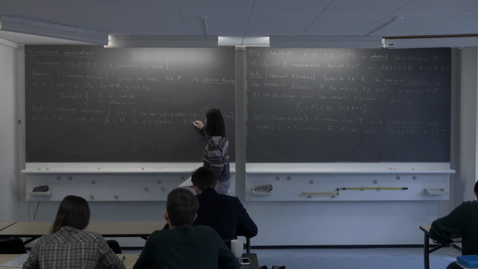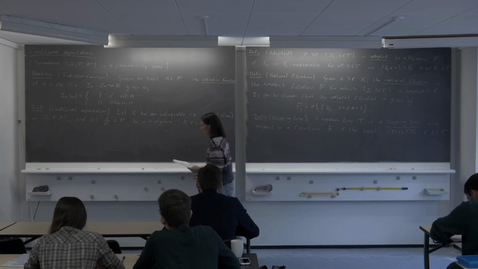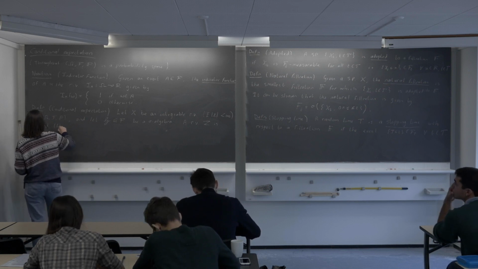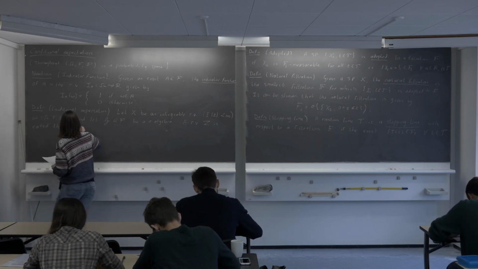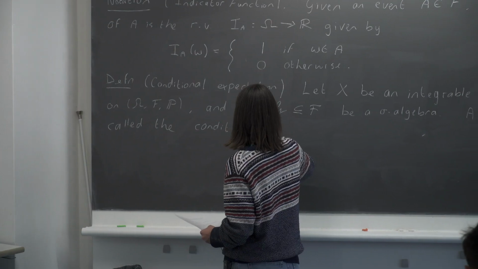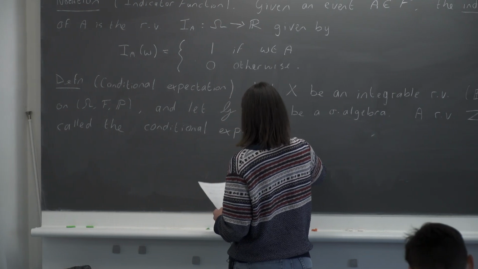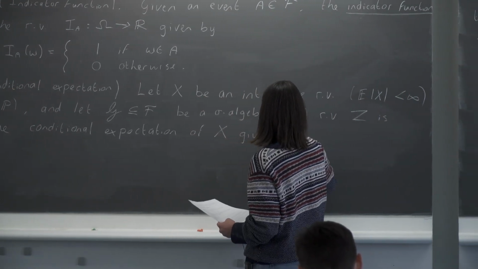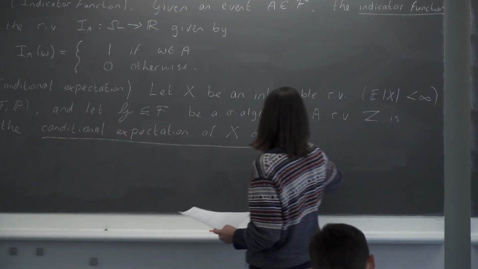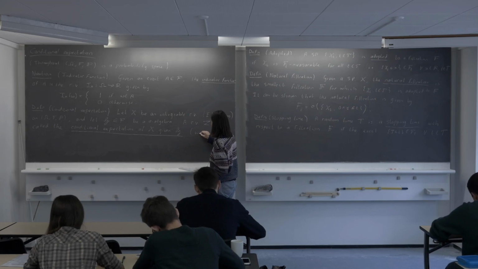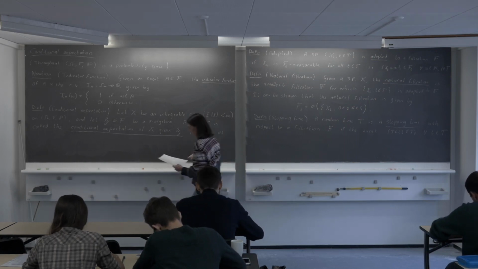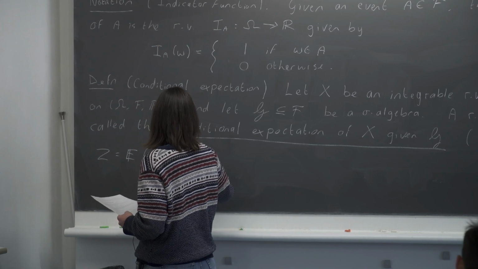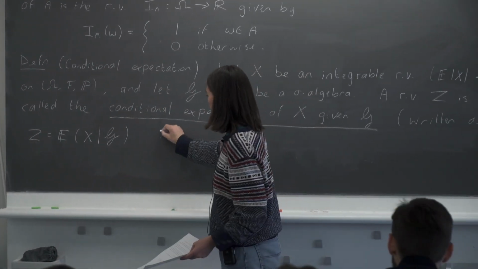Okay, a random variable Z is called the conditional expectation of X given G, and we write this as Z = E[X | G], if it satisfies two properties.